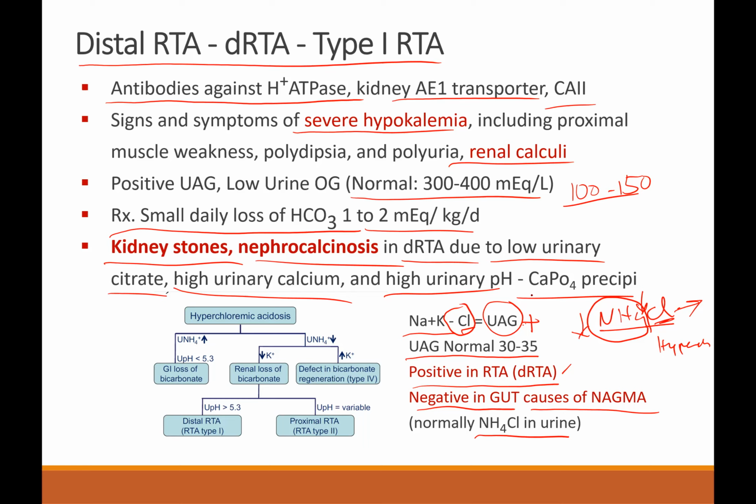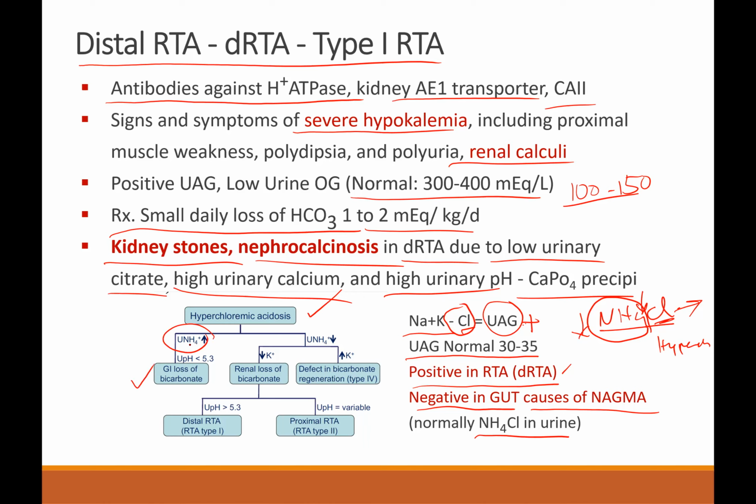Look at this small table. There is a hyperchloremic acidosis, which means it is a NAGMA. When there is a hyperchloremic acidosis, look at the urine ammonia. The urine ammonia is more. That means the kidney is trying to compensate for the GI loss. The loss of bicarbonate is the cause.